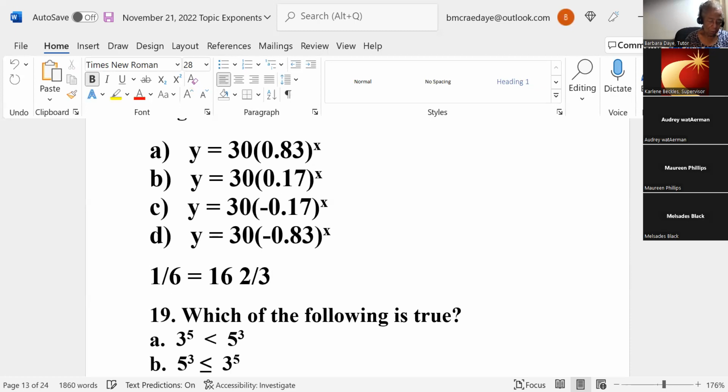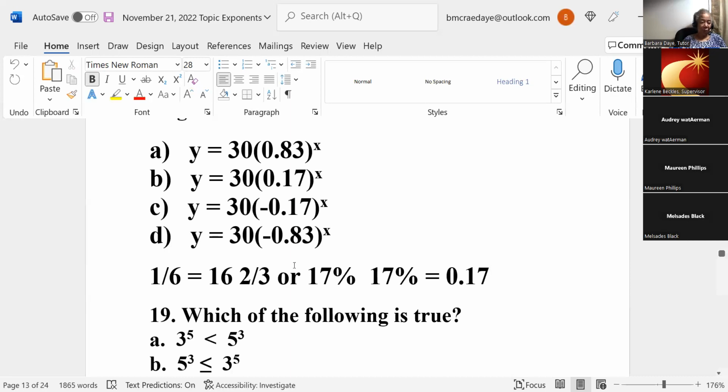So we rounded it off to 17%, right? So that's percent. And that's how we got the 0.17, because 17% is equal to 0.17. So that's how many they forget.